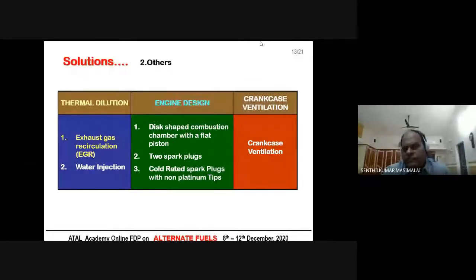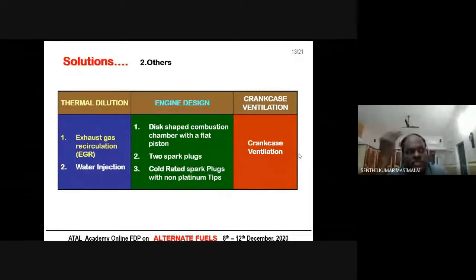Then also by providing crankcase ventilation. You are aware of what crankcase ventilation is. Let's take the spark ignition engine. We are supplying the air fuel mixture during suction, and it is compressed during the compression stroke. Because of the gap between the piston and the cylinder wall, the compressed charge will try to enter into the crankcase.